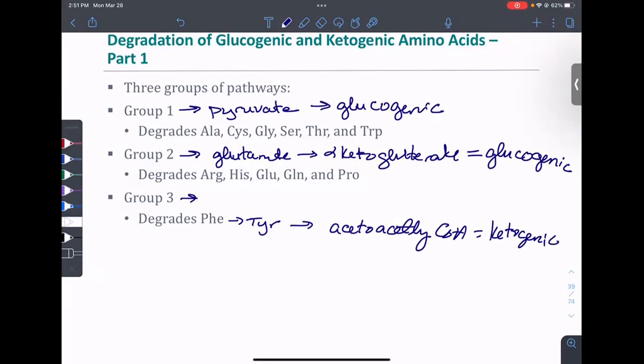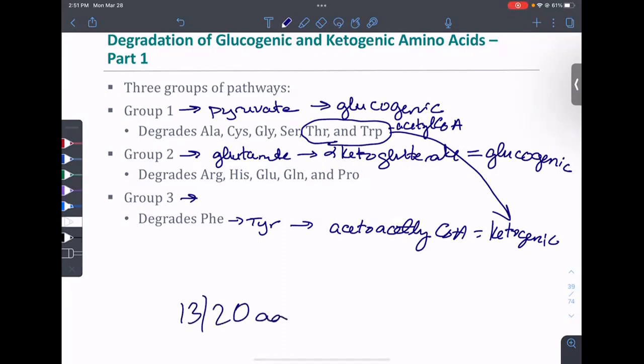But the thing that's important is that there are some that overlap, like threonine and tryptophan, which are also ketogenic, because we can convert those to acetyl-CoA, and then we can go from acetyl-CoA to acetoacetyl-CoA, and we can make ketone bodies. So this accounts for about 13 out of the 20 amino acids.